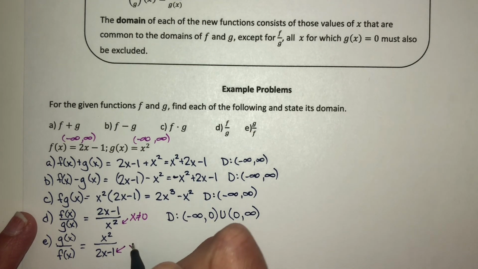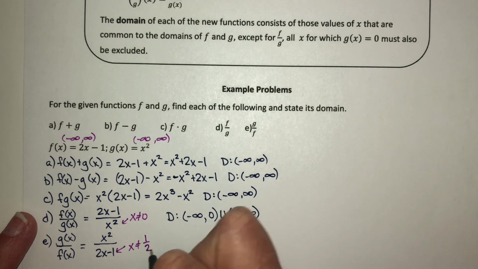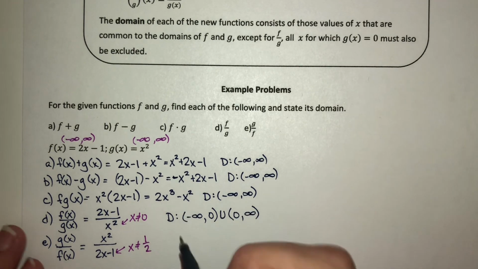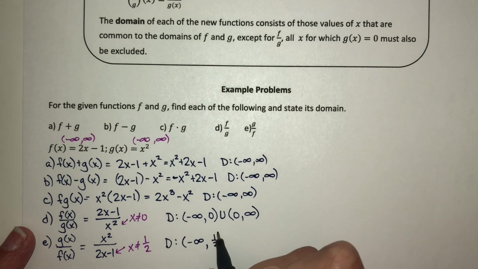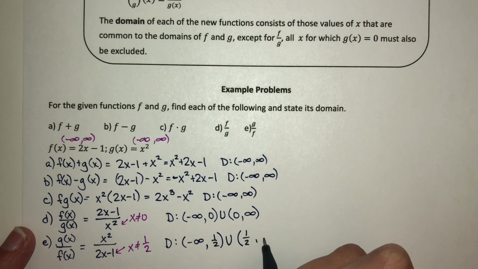And so x cannot equal, if I plug in positive 1/2, that's where I get 0. So x cannot equal positive 1/2, which means our domain is negative infinity up to 1/2, not including 1/2, union 1/2 to infinity.